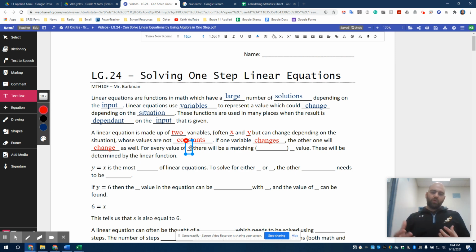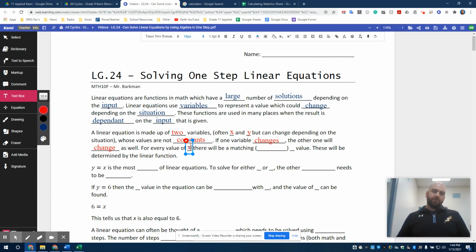Let's use an example. Let's imagine we're going to the store and you're going to buy a whole bunch of candy. The price that you pay is all dependent on how much candy you get. If you get a pound of candy, it's going to cost something. If you get 2 pounds, it's going to cost more, usually twice as much. When one value changes, the other one will as well.